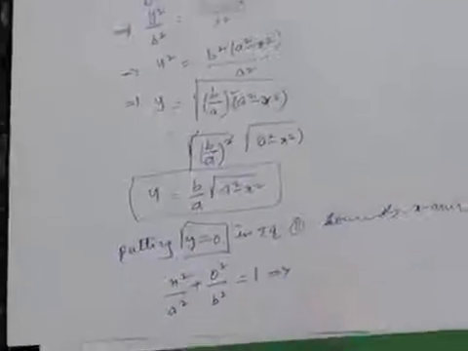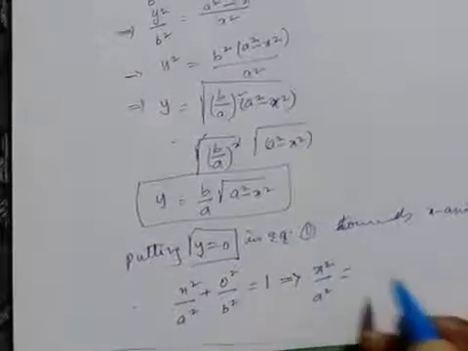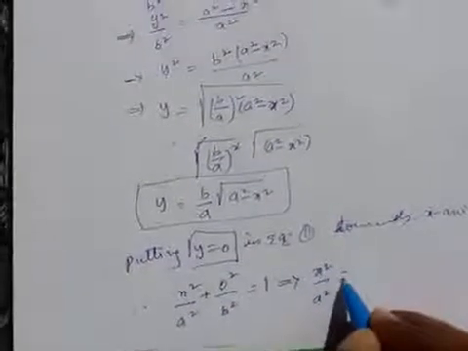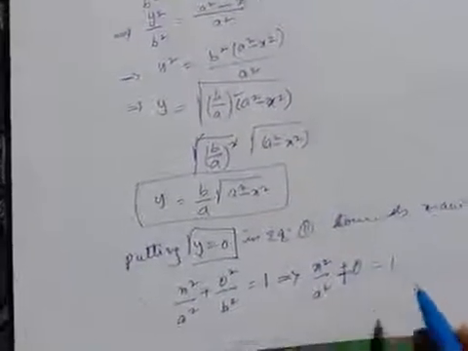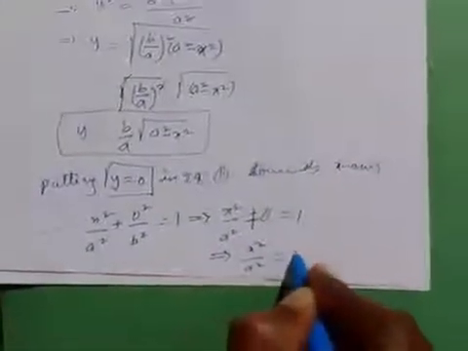So x square by a square is equal to, 0 square is 0, 0 by anything is 0, plus 0 is equal to 1, that is equal to x square by a square is equal to 1.